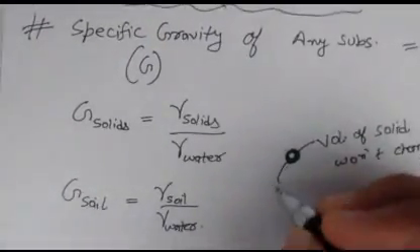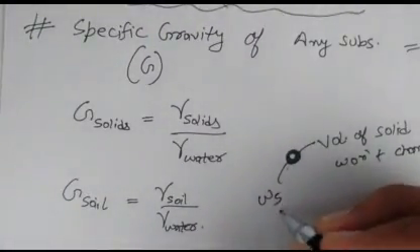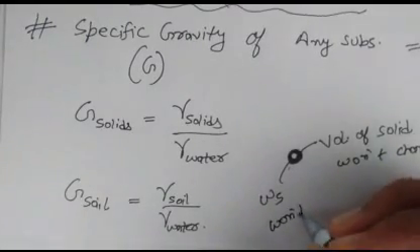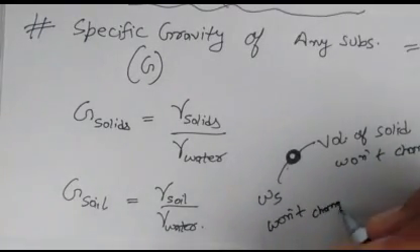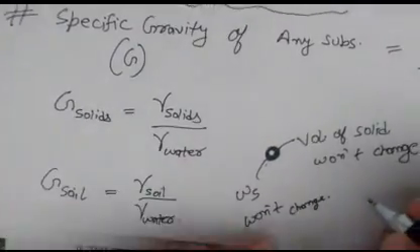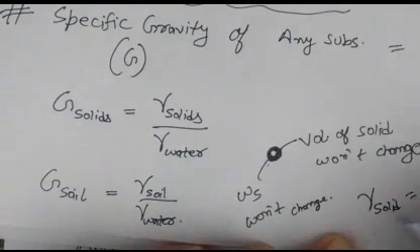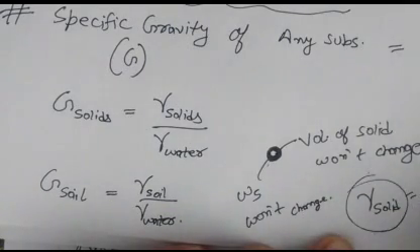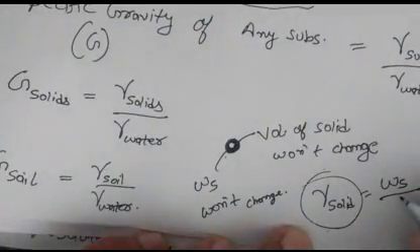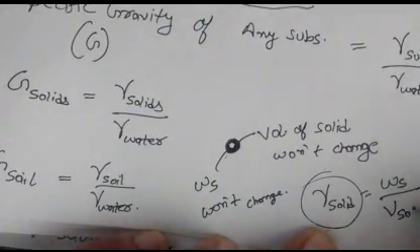Weight Ws of solid won't change, and what is gamma s? Gamma of solid is equal to weight of solid particle by volume of solid, this is unit density again. So weight by volume, weight of solid by volume of solid. So this won't change, this won't change.